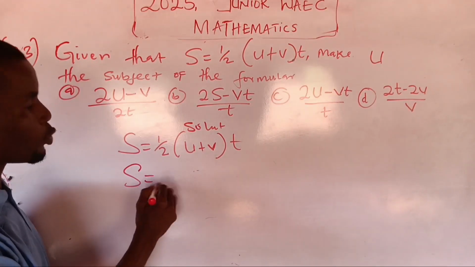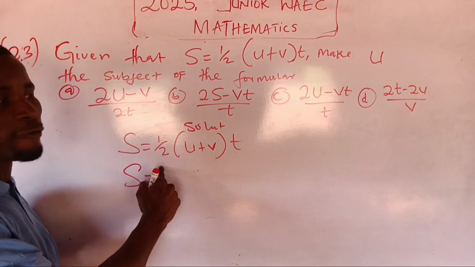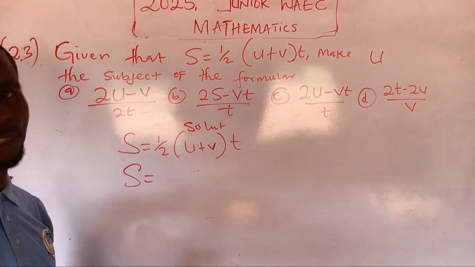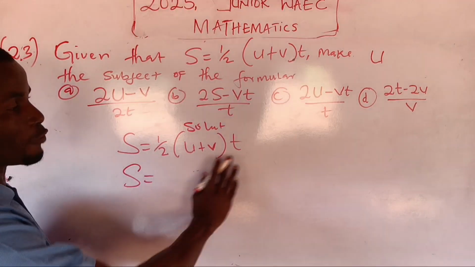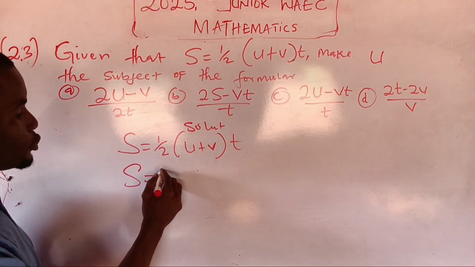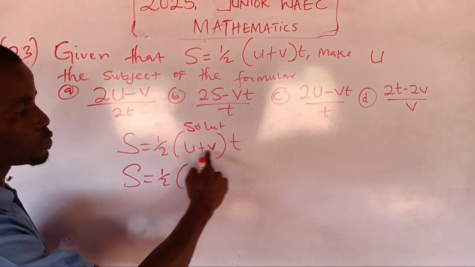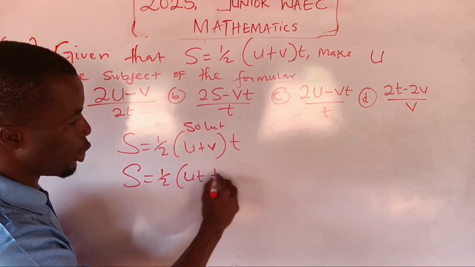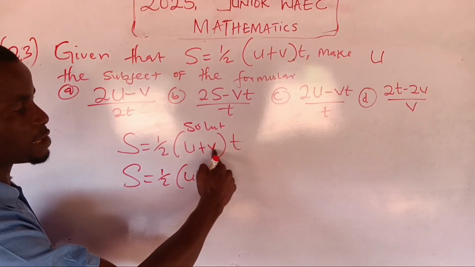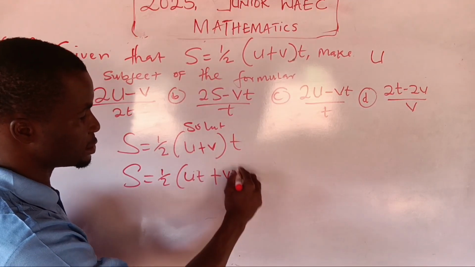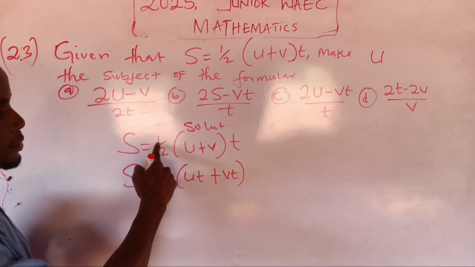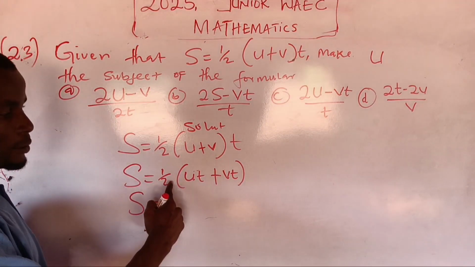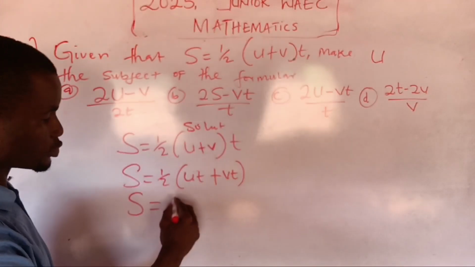You can use the half to open the bracket, or you can use T to open the bracket. Either way, you will still get the answer. So now let's make use of T first before half. So we have T times U, which is UT, plus T times V, which is VT. Close bracket, right? So we have S equals 1 times this will give us UT.